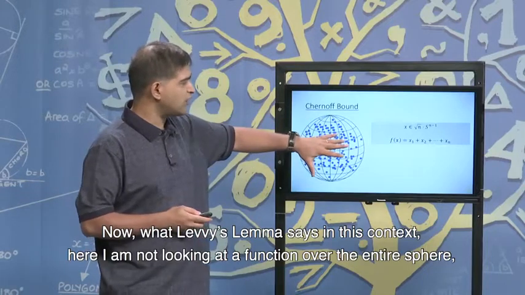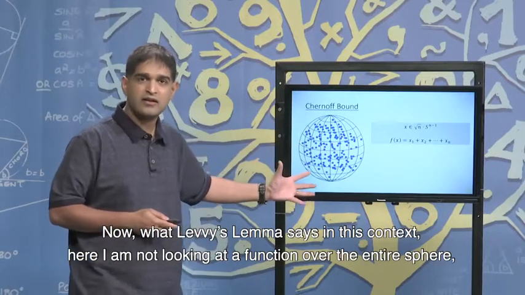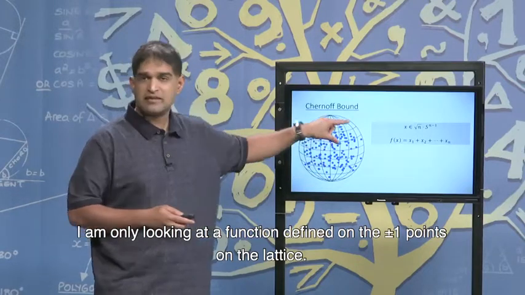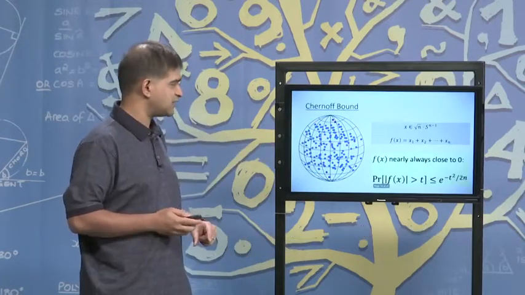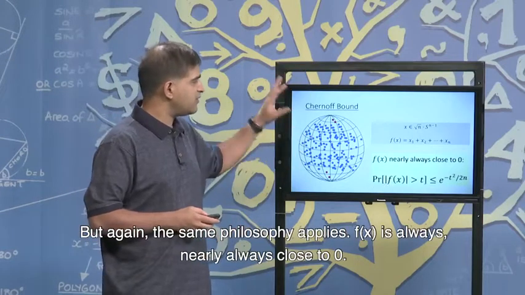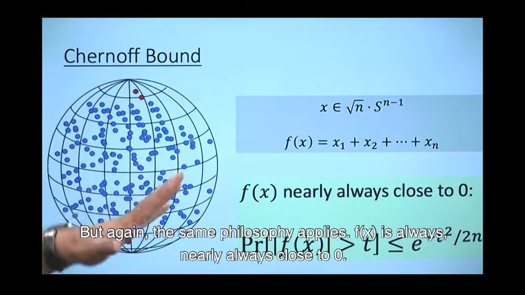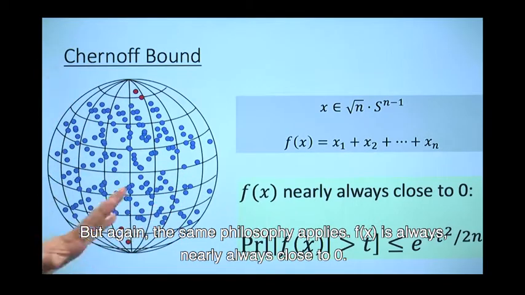Now, what Levy's lemma says in this context. Here I am not looking at a function over the entire sphere, I am only looking at a function defined on the +-1 points, on the lattice. But again the same philosophy applies. F of x is nearly always close to 0.